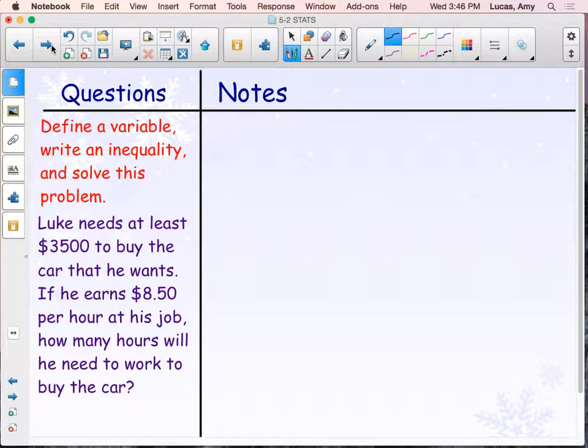Okay, a word problem. Define a variable, write an inequality, and solve this problem. So we need to have our numbers, we need to have a variable, and we need to have an inequality symbol.